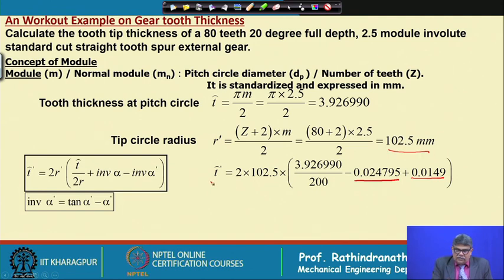So, we find t dash, the arc thickness, equal to 1.9967 millimeter. It is quite interesting because this is close to 2 millimeter, and this means for a 2.5 module straight tooth spur gear with standard addendum, the tip thickness will become 2 millimeter.